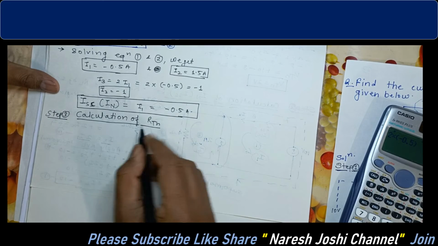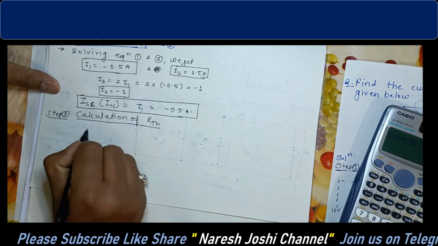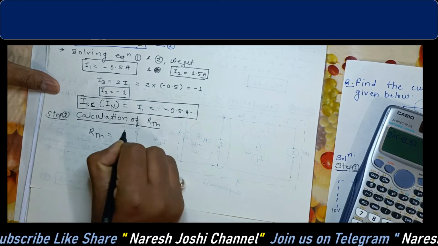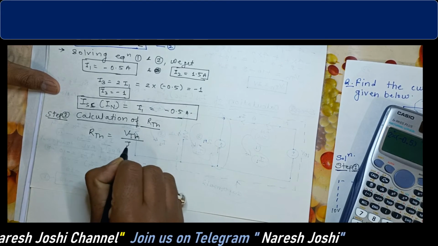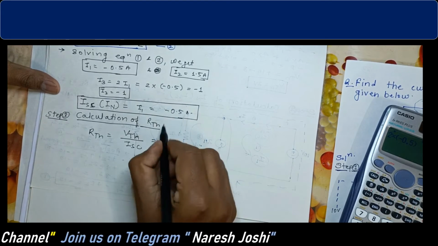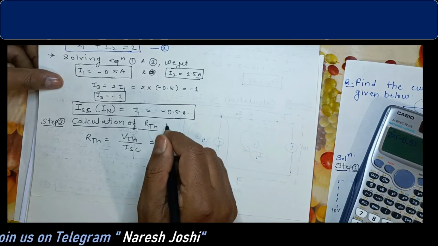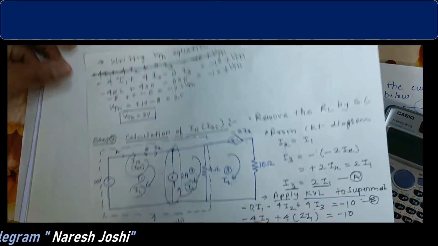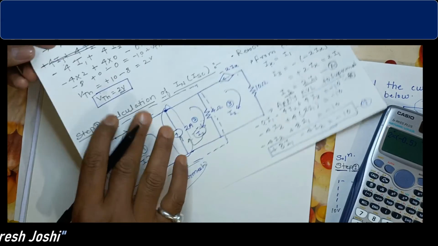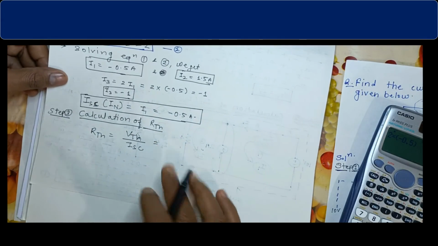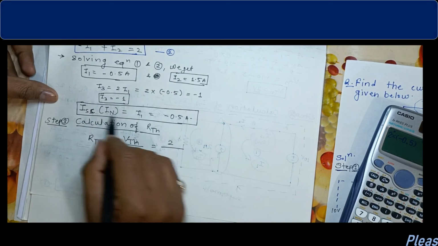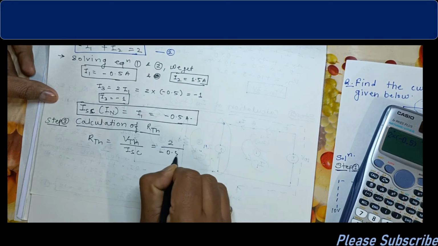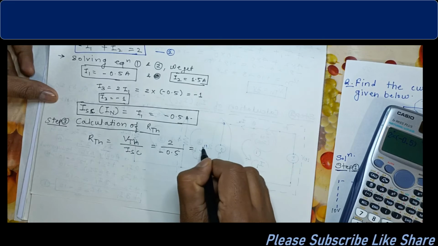It is a simple way we can calculate: RTH equals VTH upon ISC. We have calculated VTH, so VTH equals 2 volt. So I will write here VTH equals 2 upon ISC, which is minus 0.5.